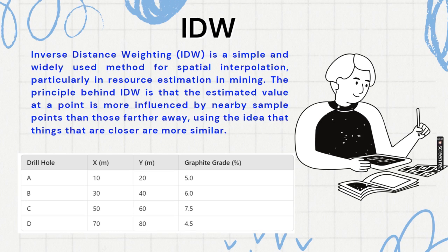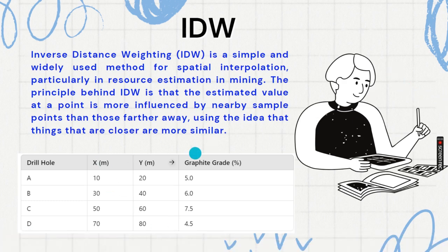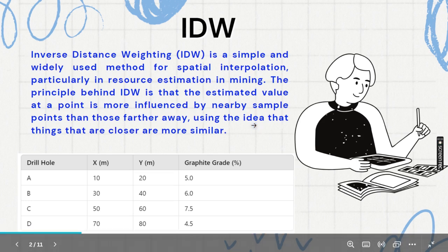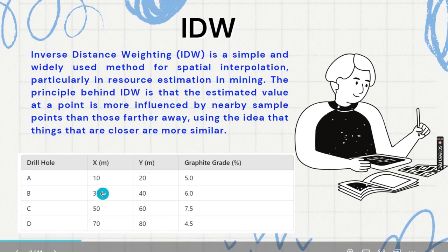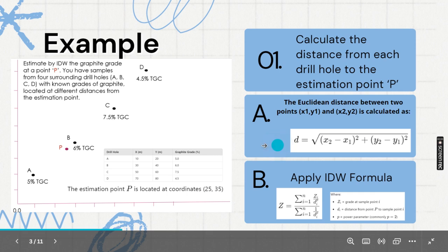For example, if we have four drill holes A, B, C, D, and their locations are there. From the origin, as a reference, let us fix 0, 0. From there, along x means east-west, direct east, and y means north, suppose. So these are the coordinates, and these are the known graphite grades. These are the drill hole locations.